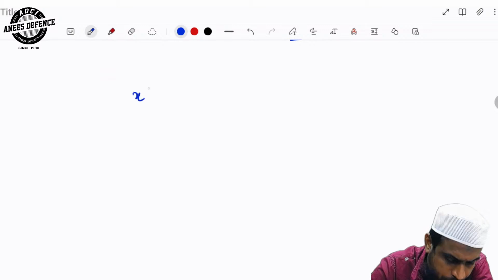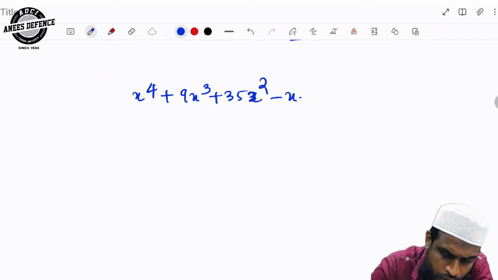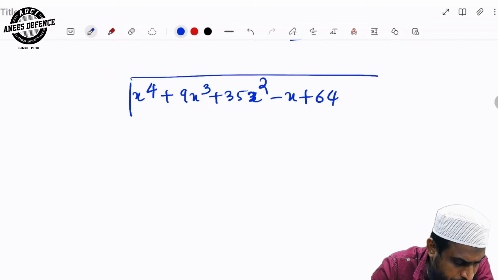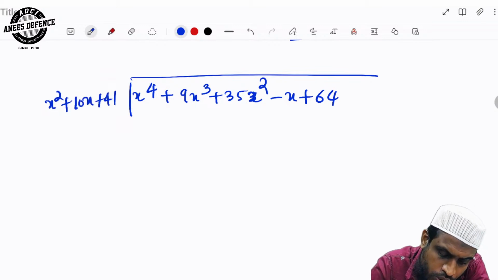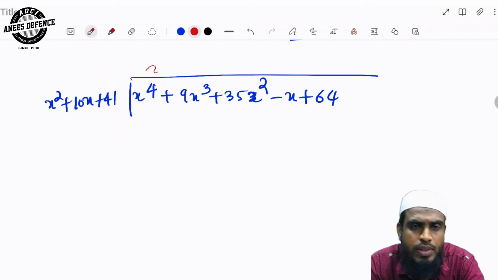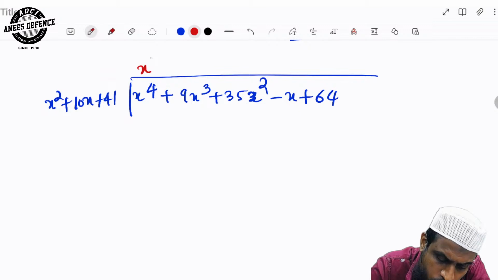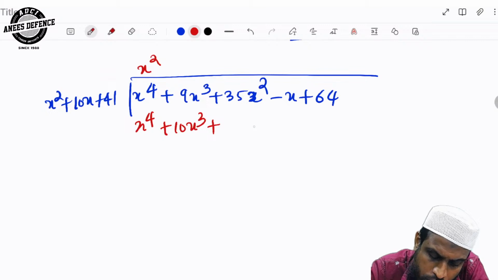So x raised to 4 plus 9x cube plus 5x square minus x plus 64 is divided by our q of x, which is x square plus 10x plus 41. If you want to get x raised to 4 here, you should multiply with x square. So x square into x square, x raised to 4 plus 10x cube plus 41x square.